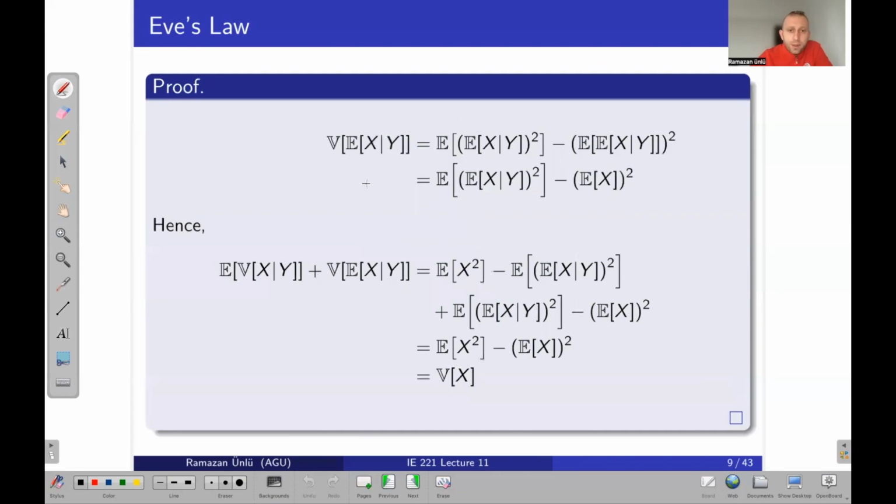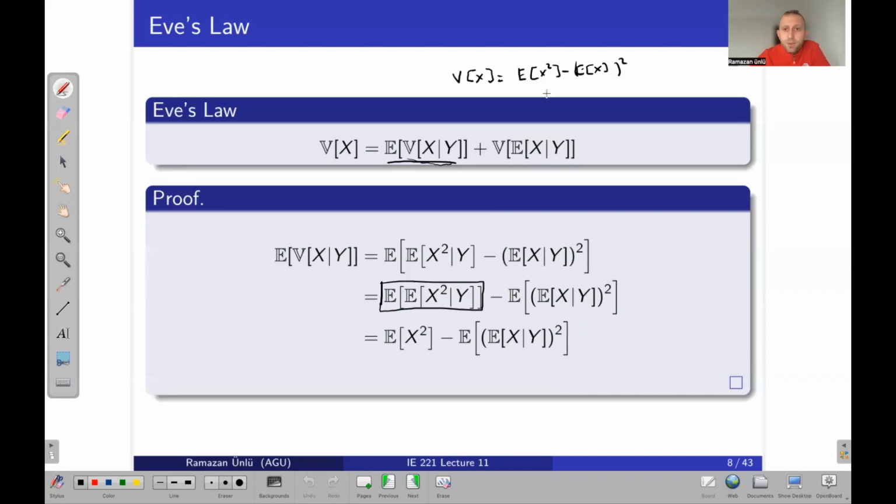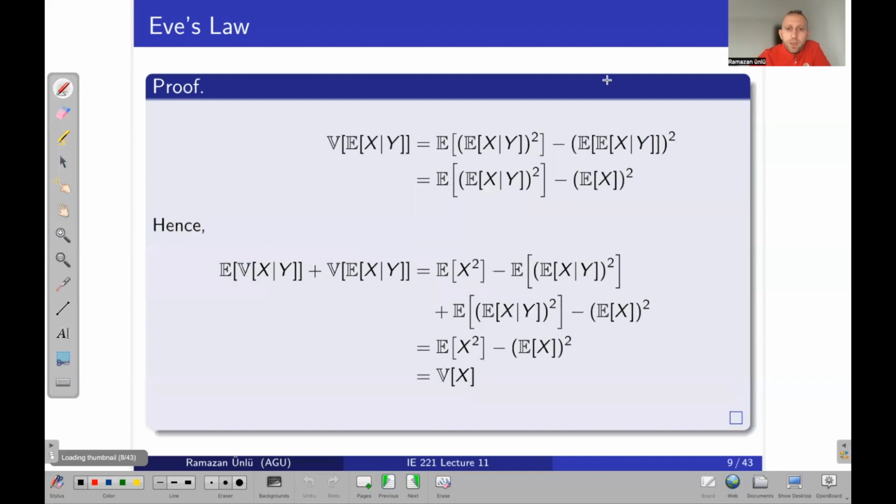And let's look at the second term, which is the variance of the expected value of X given Y. Again, we can calculate the variance based on this formulation, the second moment minus the expected value, squared. But now again, we will use the conditional situations.